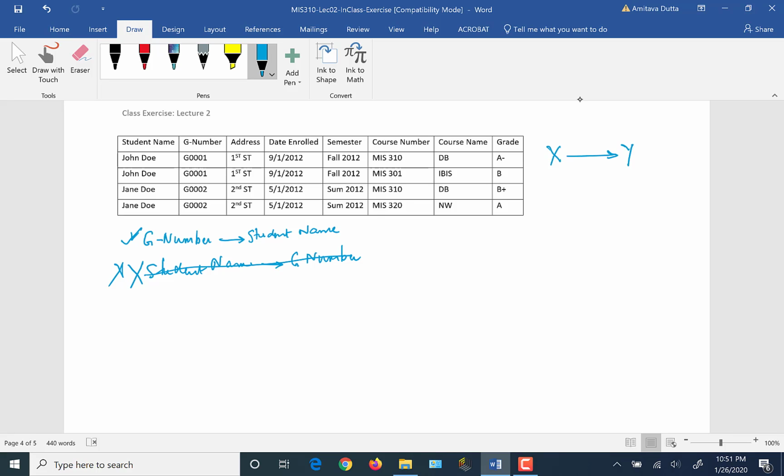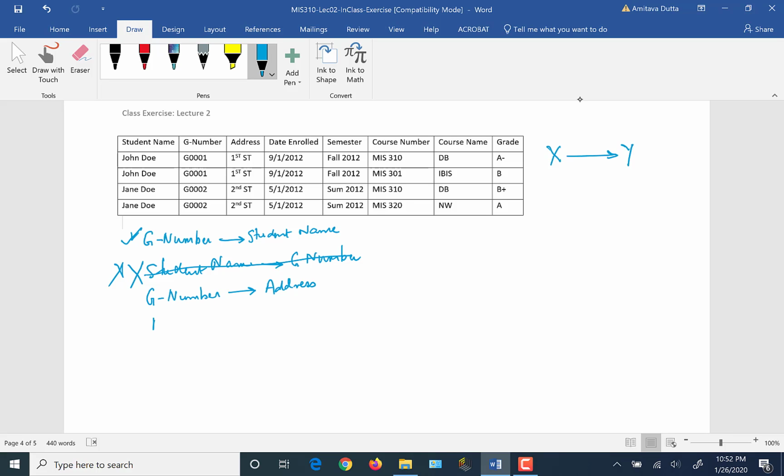By the same reasoning, I would say G number functionally determines address. So if I give you the G number of a student, you could give me the student's address. Okay. So now the reverse is not true.